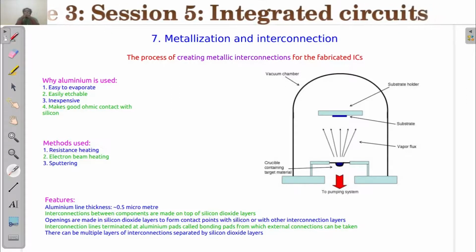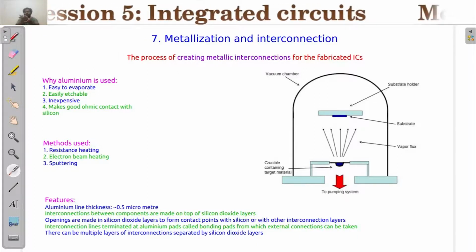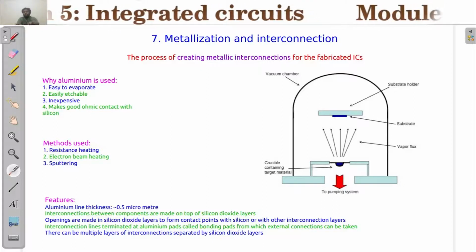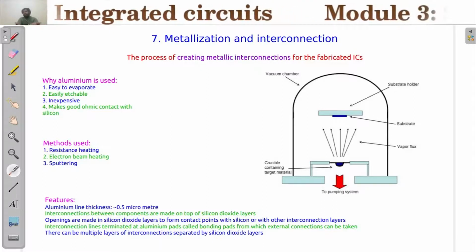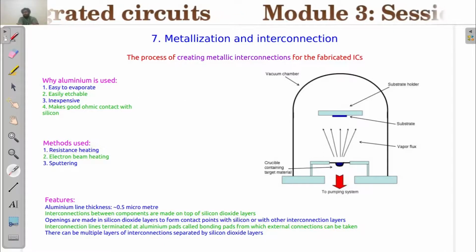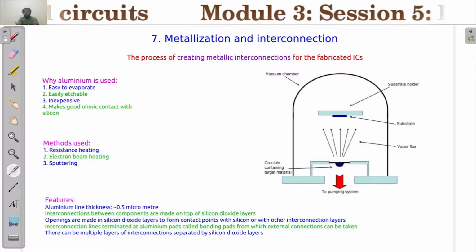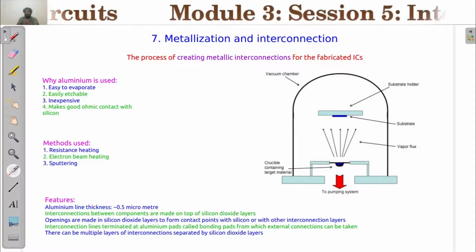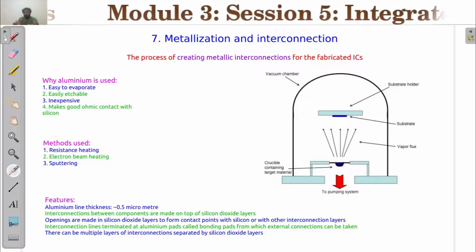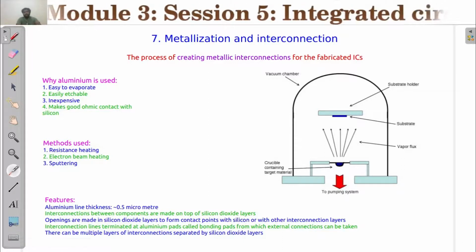So after having all the other steps done, if you are fabricating a transistor, you need to fabricate the base, emitter, collector, etc. Millions of transistors will be simultaneously fabricated on a single wafer, and these transistors should have the necessary ohmic contacts, or metal outputs, from the base, emitter, and collector regions.